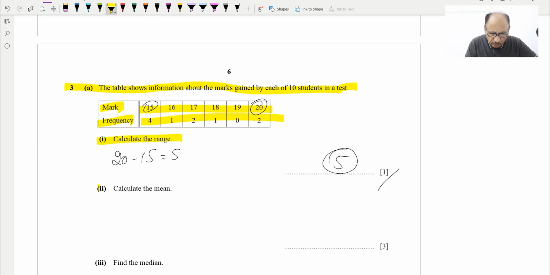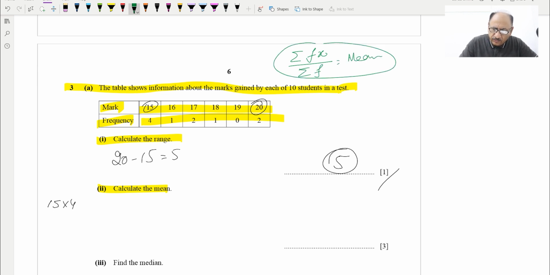And then they are saying calculate the mean. For mean calculation, we will be multiplying 15 by 4. The formula which we are using is sigma fx over sigma f. This will be equal to mean. This is the formula for the mean which we are using over here.